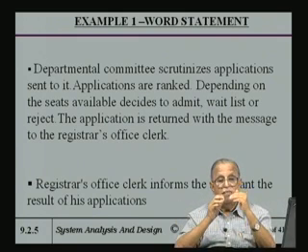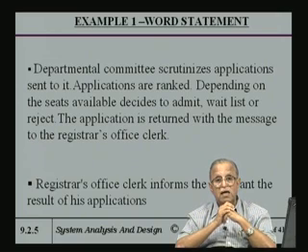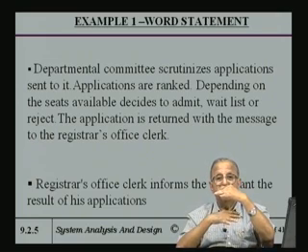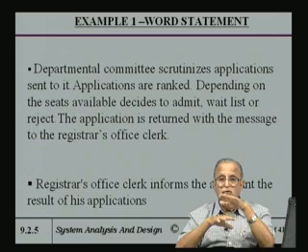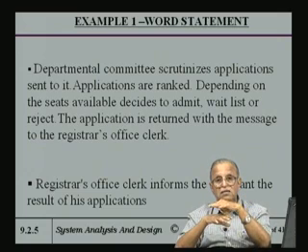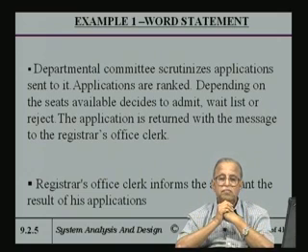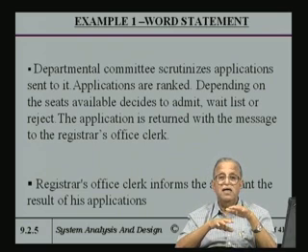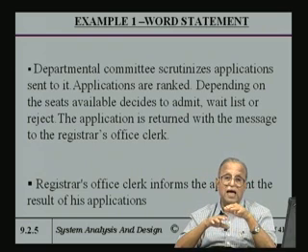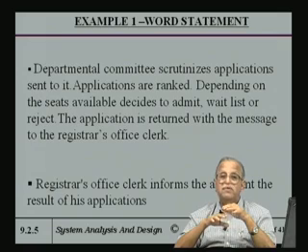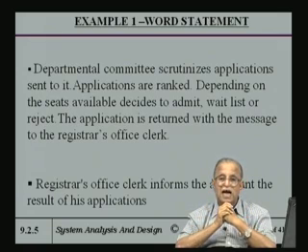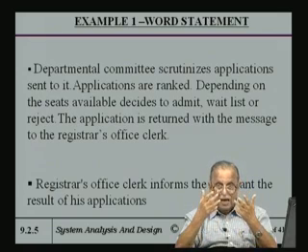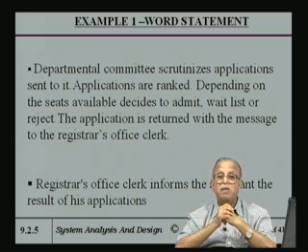Depending on the seats available, you rank order and say, suppose you have 40 seats. You decide to send 40 admit letters, and you may decide to have something like 5 on the waiting list. That depends upon your earlier experience in terms of how many people drop out after getting admission.